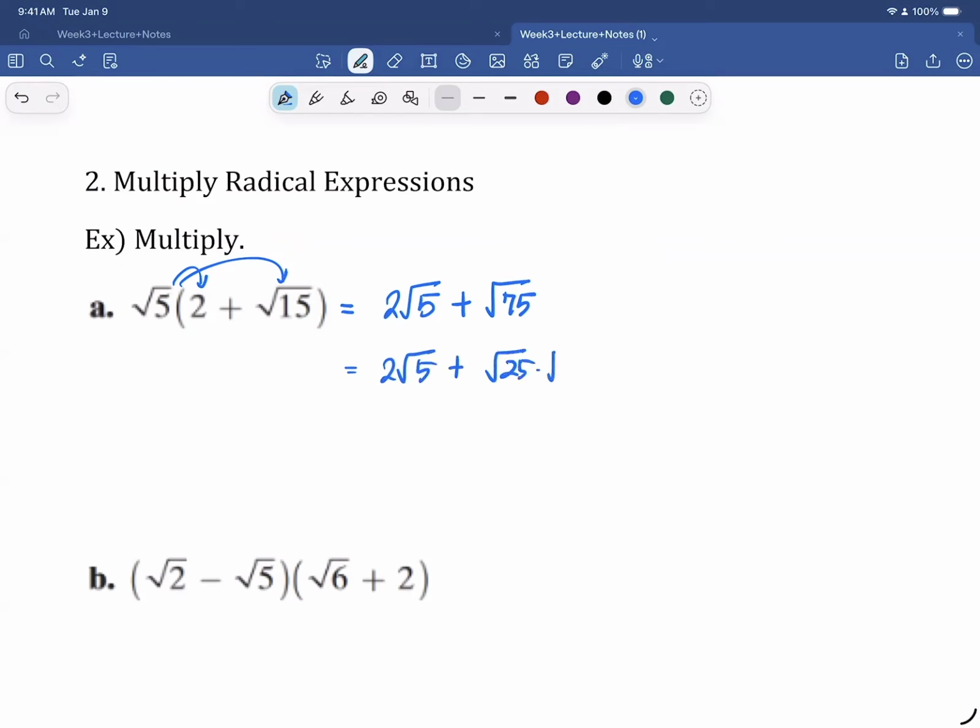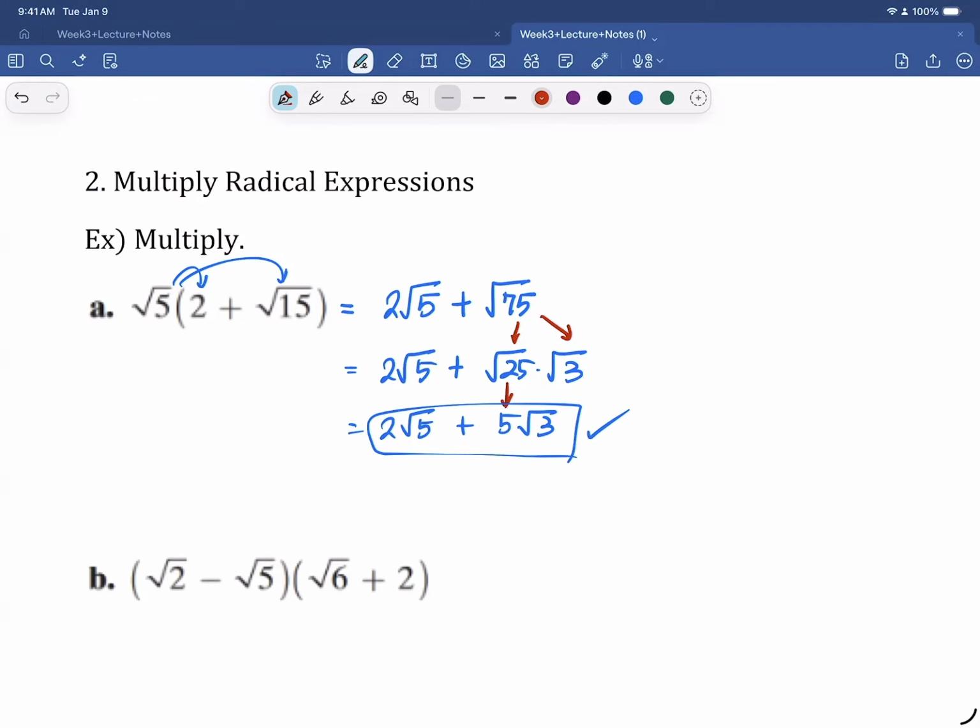You can split it up: 25 times 3 is 75. Square root of 25 is 5. So 2 square root of 5 plus 5 square root of 3 is the final answer.